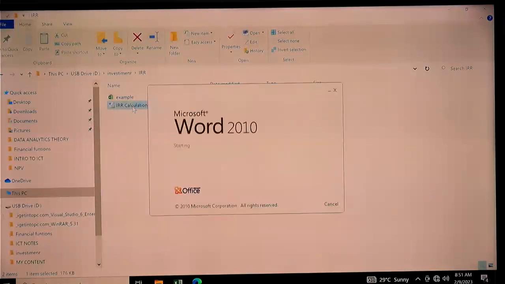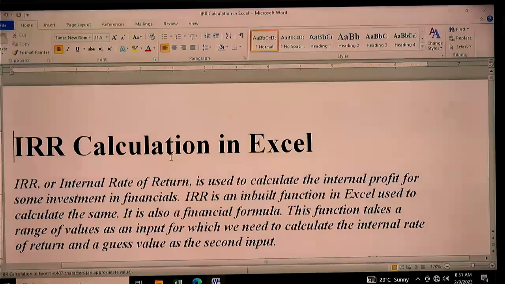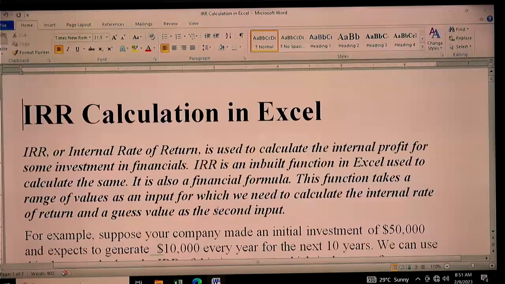Then we can say that the internal rate of return is used to calculate the internal profit for some investment in financials. The internal rate of return is actually an inbuilt function in Excel used to calculate the same.